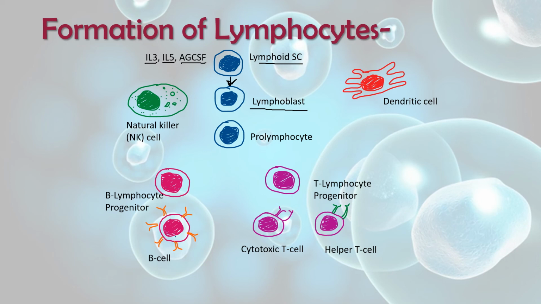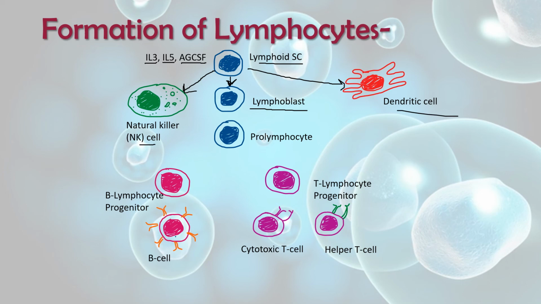One thing I have to say is that from the lymphoid stem cells, two other types of cells are formed: natural killer cells and dendritic cells. Besides lymphocytes, it can generate three types of cells: the NK cells, the dendritic cells, and the lymphocytes.